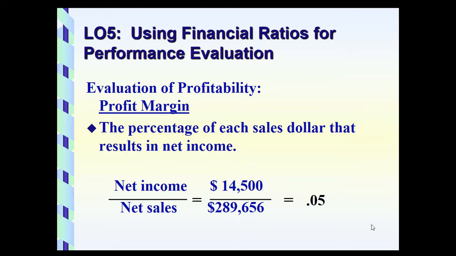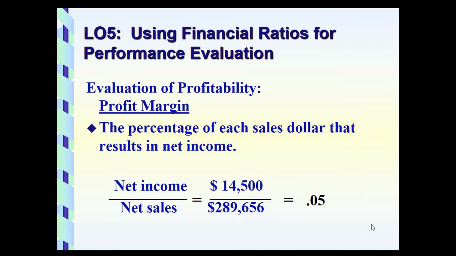So we're going to start out by looking at a financial ratio that we're familiar with, the profit margin, which is just simply our net income divided by our sales. And it's really just looking at the percentage of each sales dollar that ends up in our bottom line.